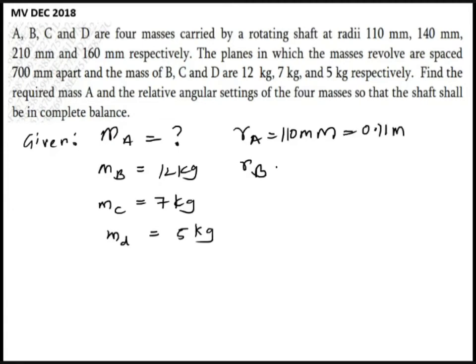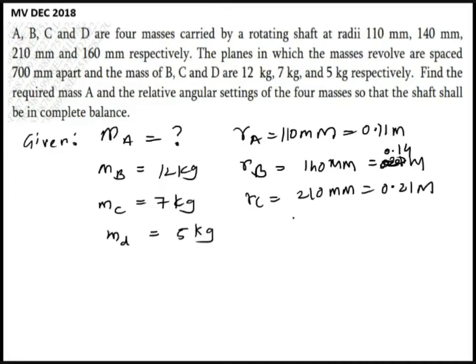RB is 140 mm, which is equal to 0.14 meter. RC is 210 mm, equal to 0.21 meter, and RD they have given as 160 mm, which is equal to 0.16 meter.